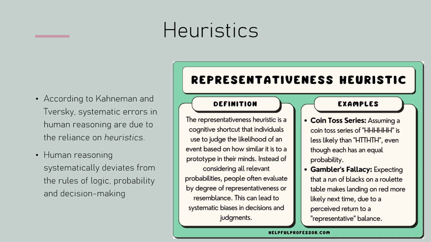So, assuming a coin toss, a series of heads, heads, heads, heads is judged less likely than heads, tails, tails, heads, tails, heads, even though in fact each has an equal probability. So there's an equal probability of both of those sequences happening, but people will assume the latter sequence is in fact more probable. The gambler's fallacy is another example, expecting that a run of blacks on a roulette table makes landing on a red more likely next time due to a perceived return to a representative balance.